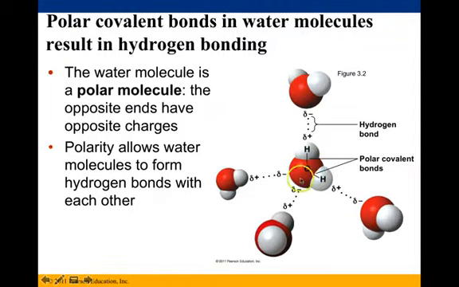In a single water molecule, there are two polar covalent bonds. In a single water molecule, there are no hydrogen bonds. Remember, these are polar, meaning the oxygen side has a little negative charge and hydrogen has a little positive charge, and that little charge is represented by the delta symbol, that is a circle with a tail.